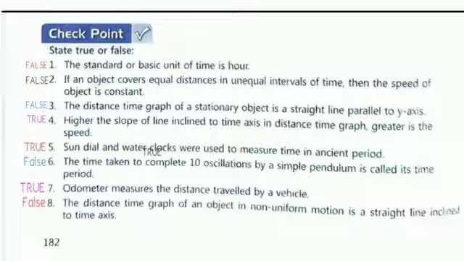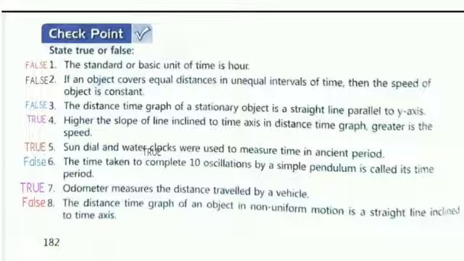Here this is a third type. So this is wrong. It is not constant. If it was constant, then equal distance would be covered in equal interval of time. So it is false.